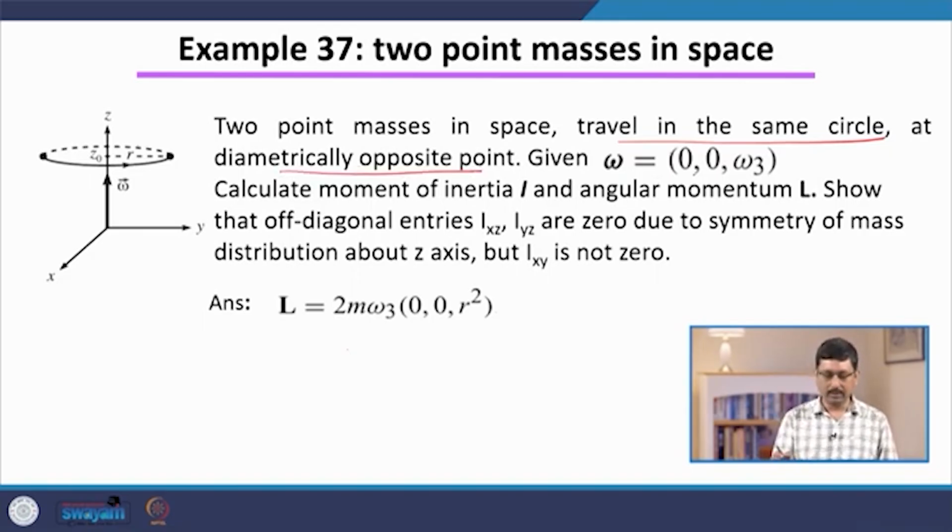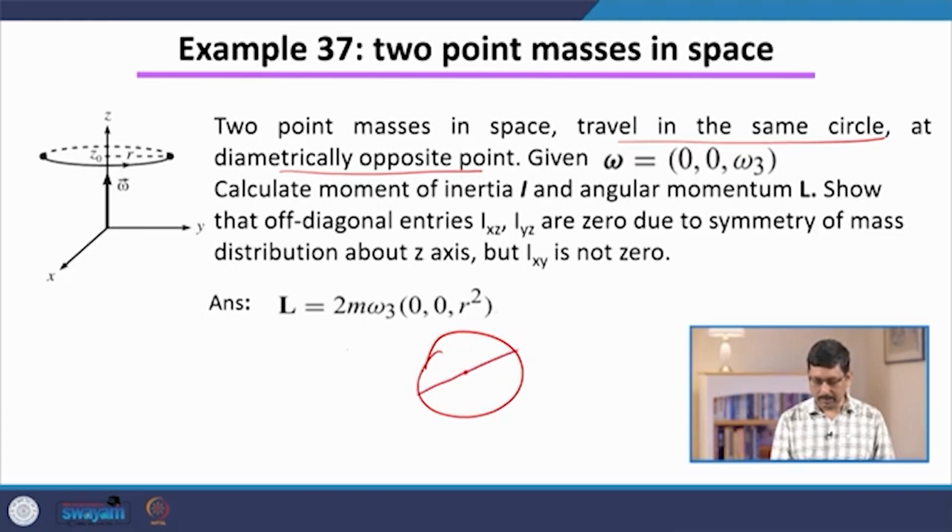Again, the angular velocity of each of them is omega, same as before, and the question is the same: calculate the moment of inertia I and angular momentum L. Diametrically opposite means, let me explain. If I have a top view and take a diameter of the circle, then the masses are situated at the ends of this diameter. With one axis parallel to the x axis and another parallel to the y axis, if this point's coordinates are x and y, then the other point's coordinates are minus x and minus y.